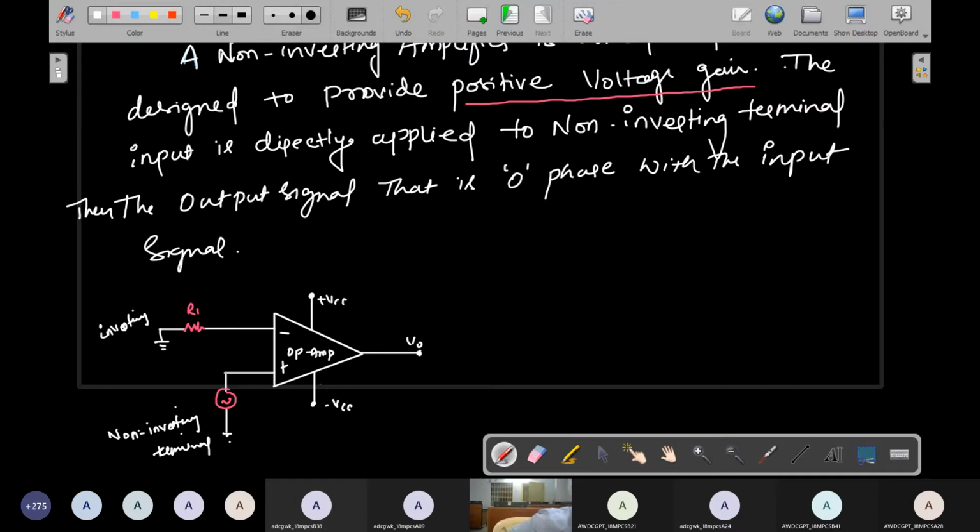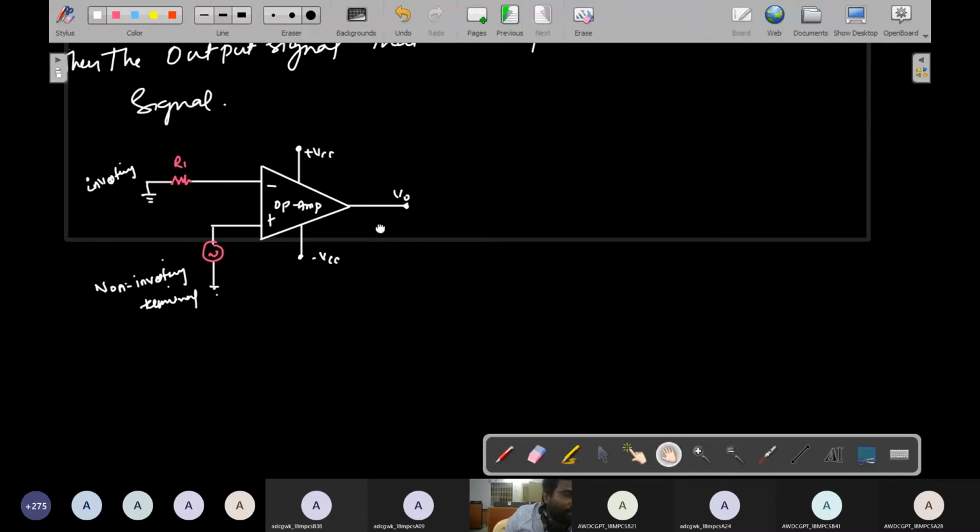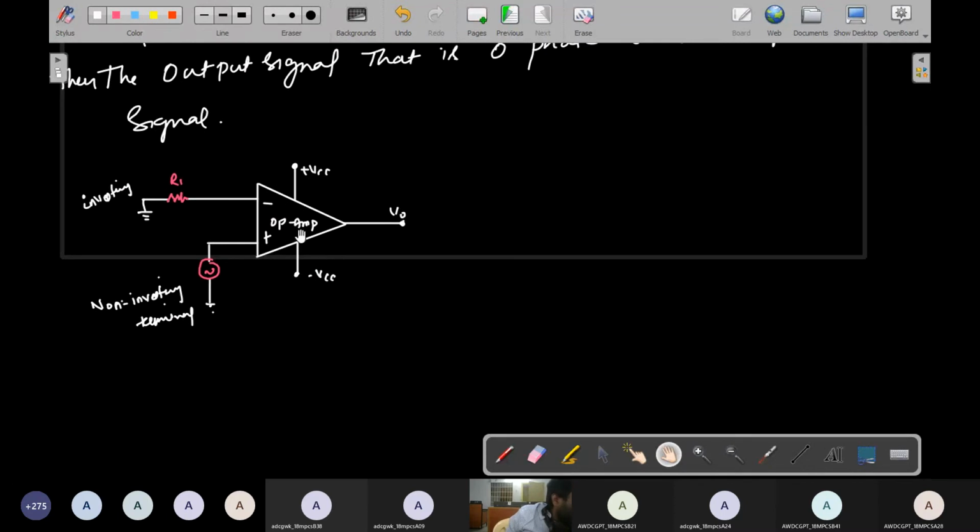I am connecting the input signal to the non-inverting terminal. This is called the input signal Vin, and this is the output voltage V0. I'm connecting a feedback resistor from the output signal back to the input. So this is called the feedback resistor.